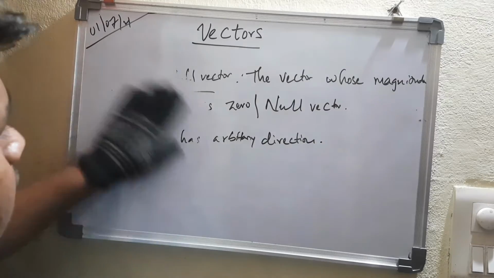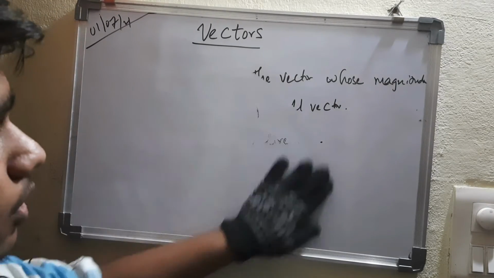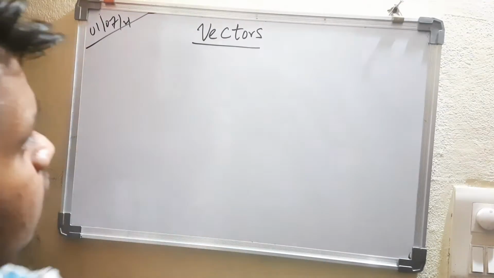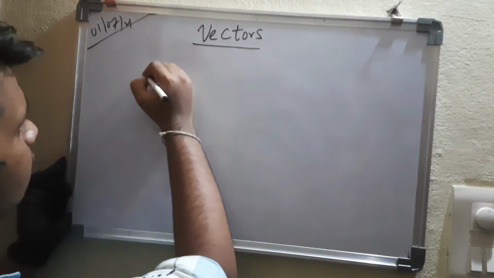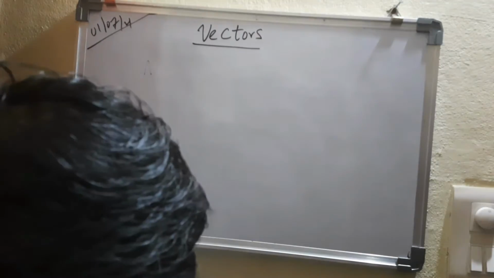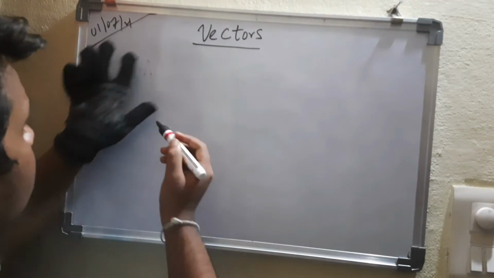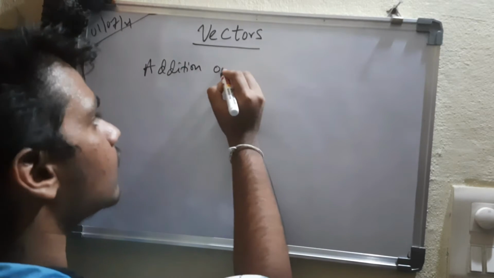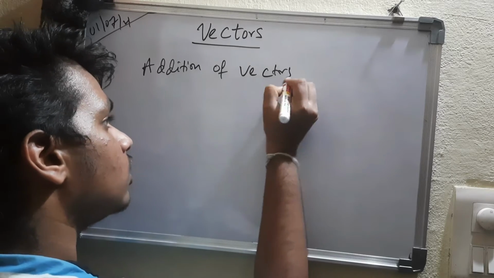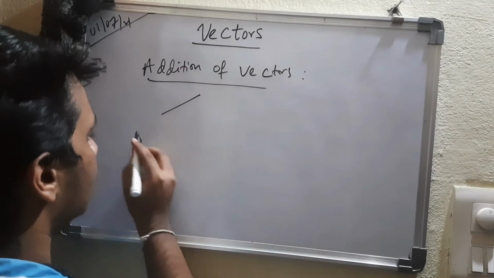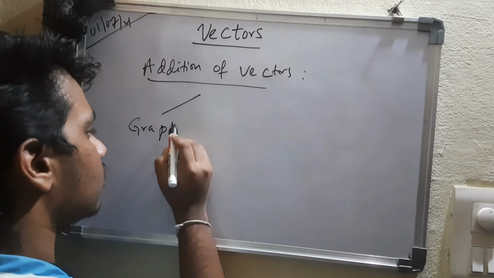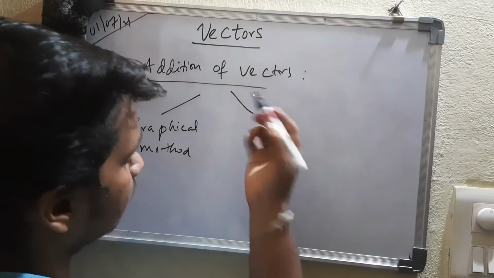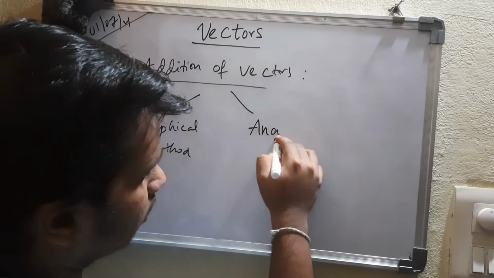Hey guys, I'm back. Now we'll discuss the topic of addition of vectors. For the addition of vectors, there are two methods. First is the graphical method, the other is the analytical method.